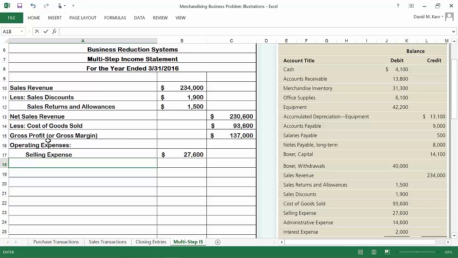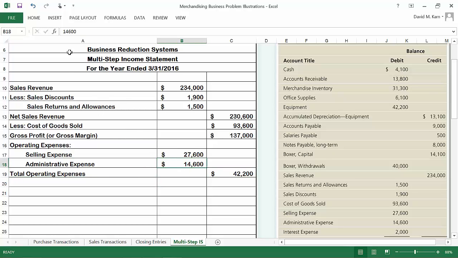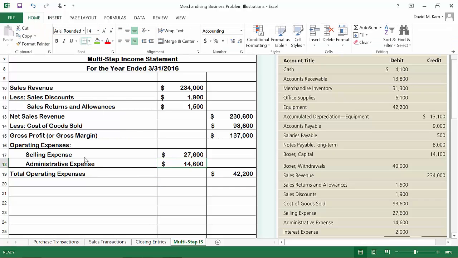And our administrative expense of $14,600. So our total operating expenses come out to be $42,200. Put a total line here to signify we're adding that up to get that amount there.